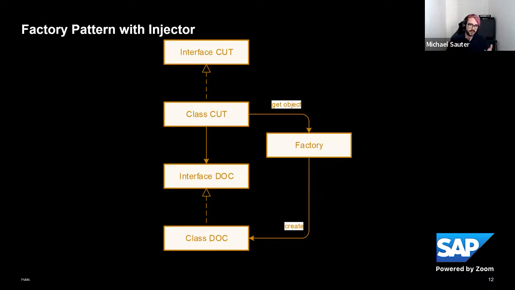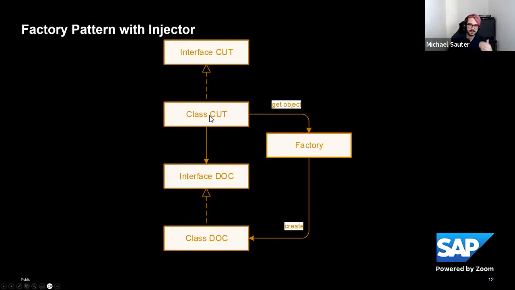The setup we have here is: you have an interface for your code under test, and a class implementing that interface. You have an interface for your depended-on component, and a class for your depended-on component. Now, in the usual way of the application, when the application runs, somebody accesses the interface of the code under test.